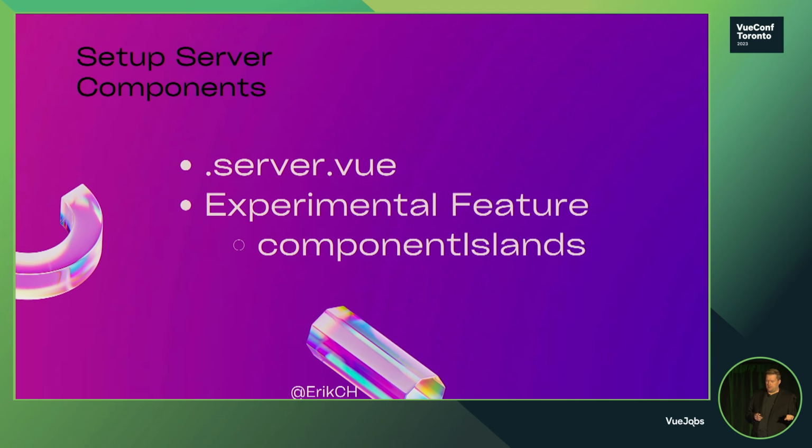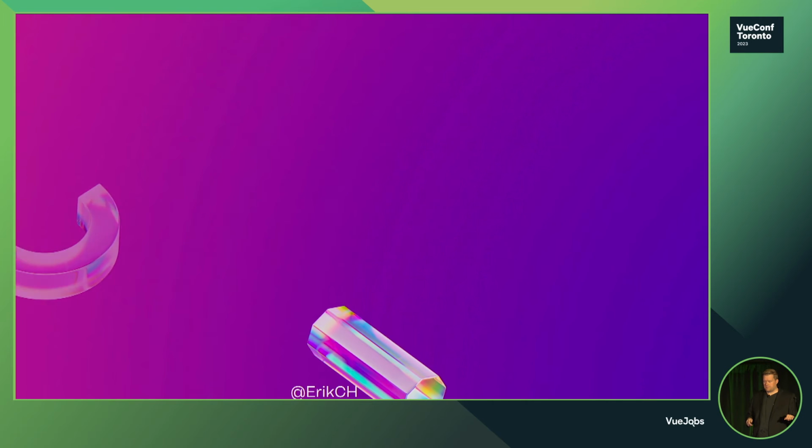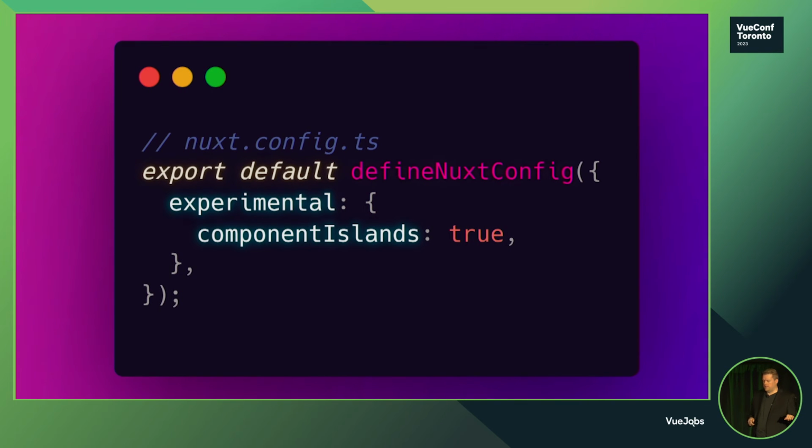The first thing you do is add .server.vue to the components that you want to make server components. You also have to enable the experimental feature in the Nuxt config file by adding componentIslands. So in summary, it looks like this.